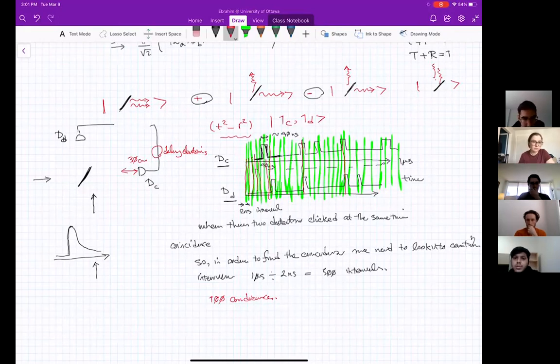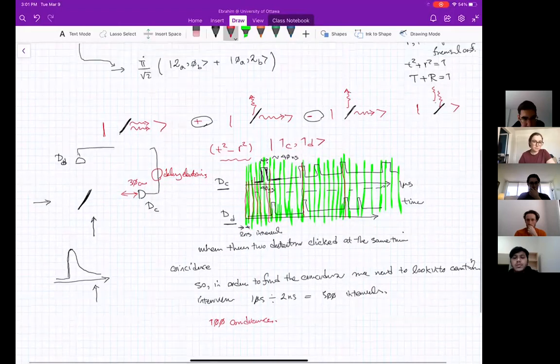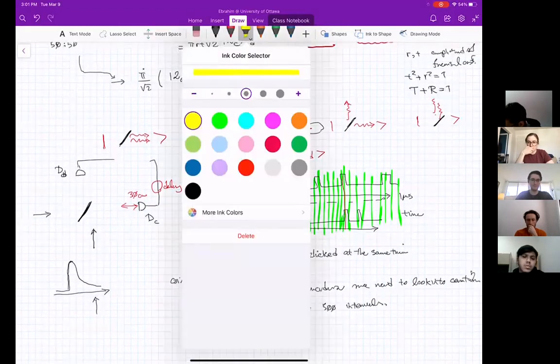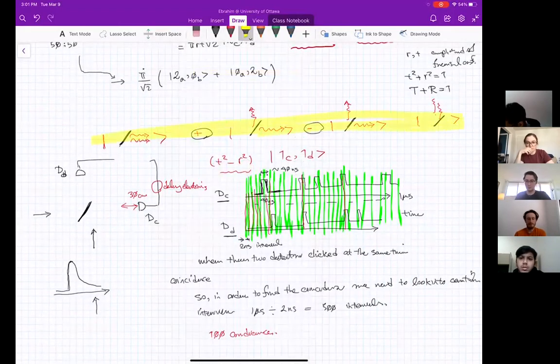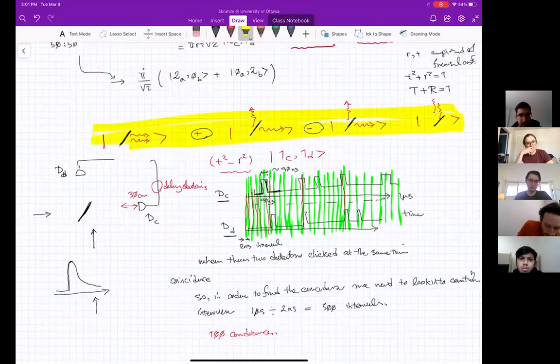It is important to realize that what is happening here is the proper action of what? The beam splitter. This has nothing to do with the detector. The detector is electronic. You can even delay it by, as I say, 30 centimeters.